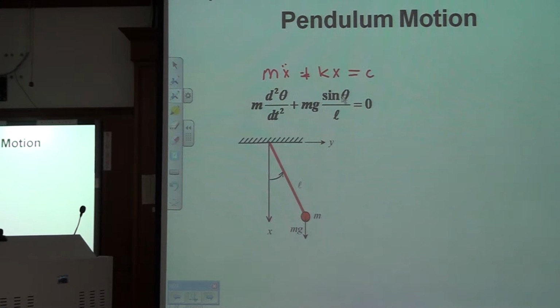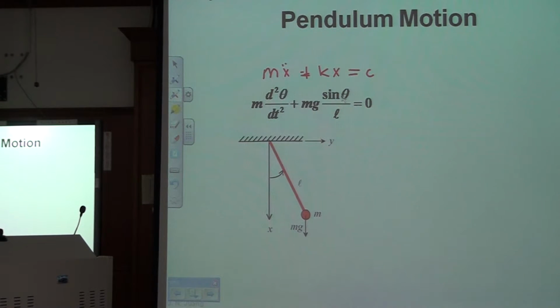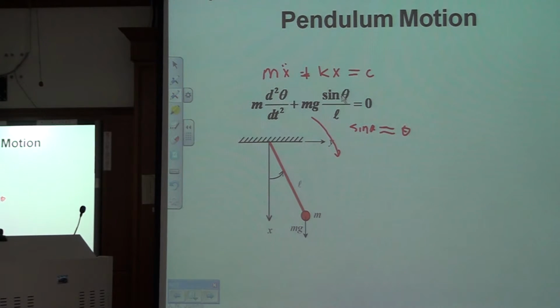But for small theta, say sine theta is very small, then this becomes d squared theta over dt squared plus g over L theta equal to 0, right?